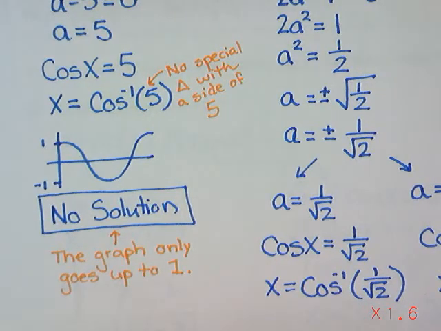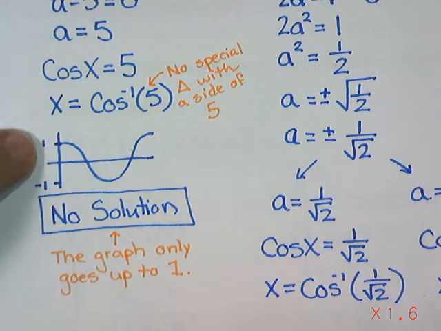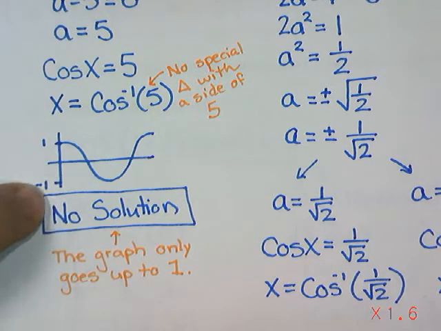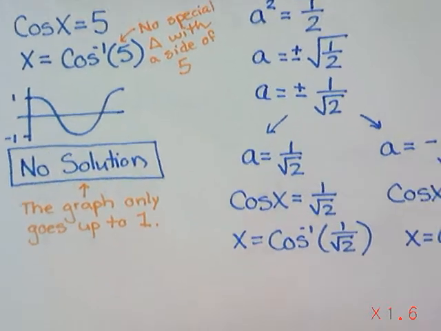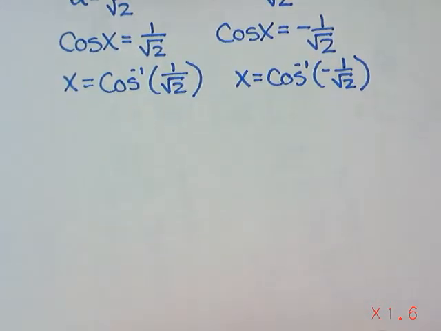There is no possible way to get that number. Anytime you have a number bigger than 1 or smaller than negative 1 with cosine or sine, you are going to find that you have no solution. Tan is fine because tan goes all the way up to infinity, but sine and cosine are limited between positive 1 and negative 1.